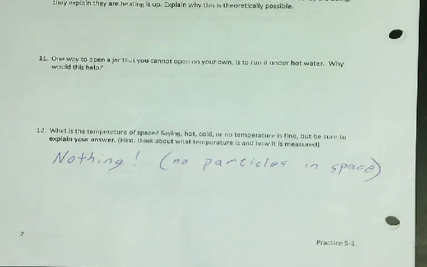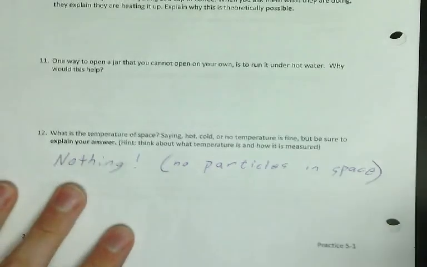More so the lid, but yes, we get an expansion. Now the air inside would expand more than the jar itself, but usually the lids are made of metal. Like a lot of these jars, like pickle jars, a lot of the lids are made of metal. So if you heat it up, it'll cause the lid to expand, which should make it a little easier to open.